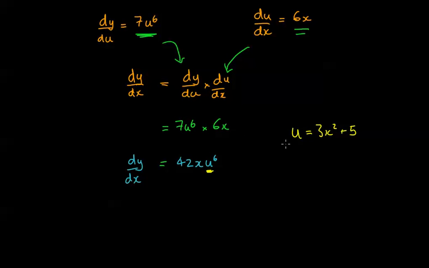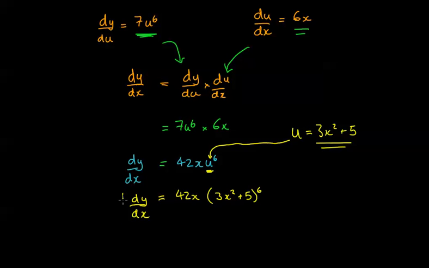So I'm going to replace this u with this, and then I've got a function entirely in terms of x. 42x, I'll have to put a bracket in now, 3x squared plus 5 to the power of 6. And that is my derivative function in terms of x. So that's the derivative of y with respect to x, entirely in terms of x now.